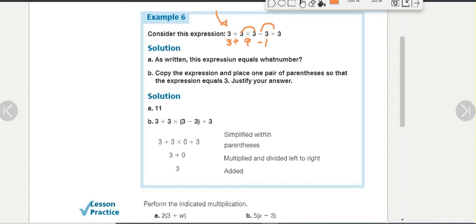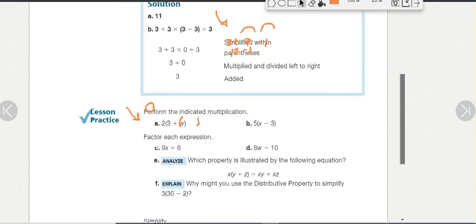Oh yeah, I got it right, because 3 plus 9 is 12. Minus 1 is 11. I was looking at letter B, which says place a pair of parentheses to make it 3. You'd have to put the parentheses here. That's kind of fun. They're missing a space here, though. That bothers me.